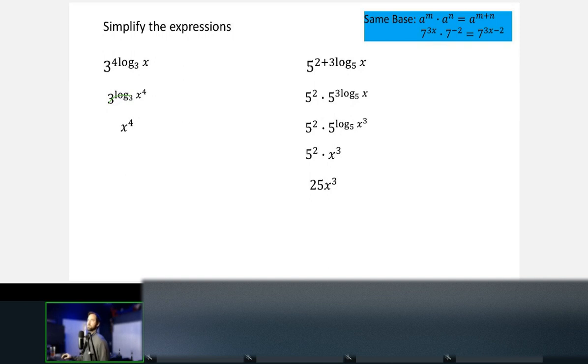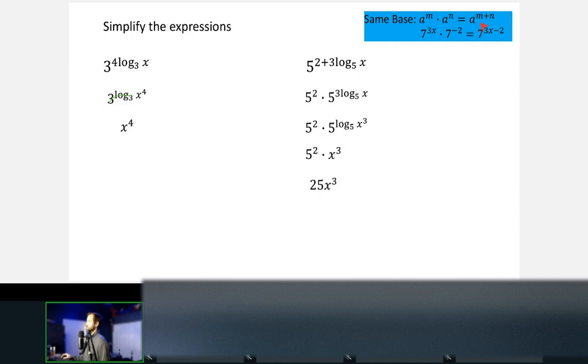All right, so let's go back up here. So Brady, do you see this same base? This is a property. When you're multiplying and you have same bases, so like 7 and 7, right? 7 raised to this power times 7 raised to this power. When you have same bases, you can combine this into a single base by just adding the exponents.